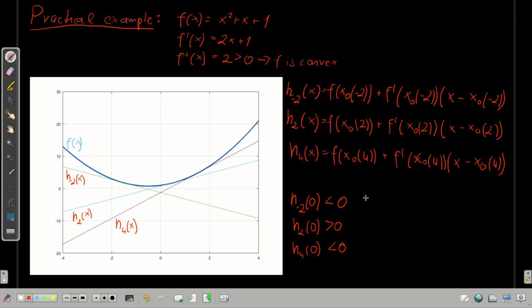But that in turn means, according to our analysis from the previous part of the video, that f star of -2 is bigger than 0, then f star of 2 is lower than 0, and f star of 4 is again bigger than 0.